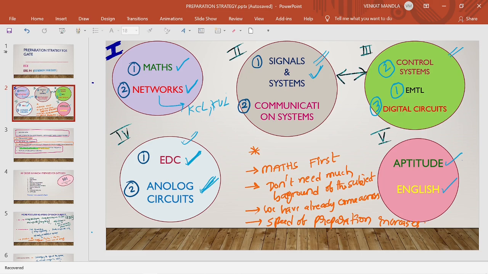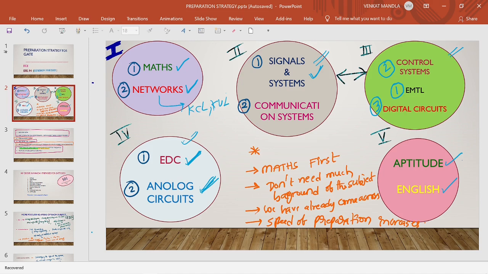I will give you average marks at the end, but you can also search on the internet, you can easily get average mark weightages for each subject.